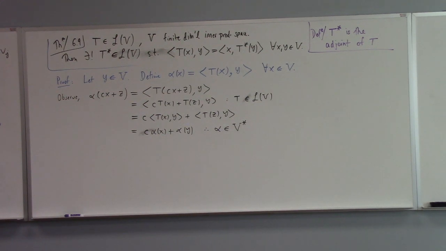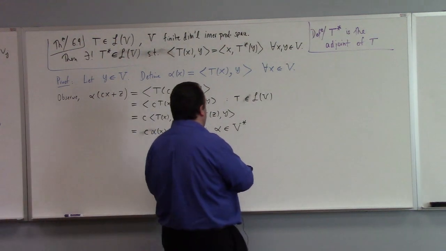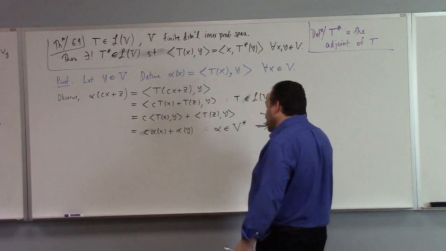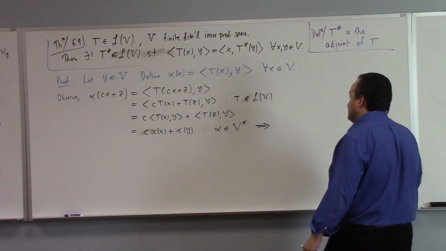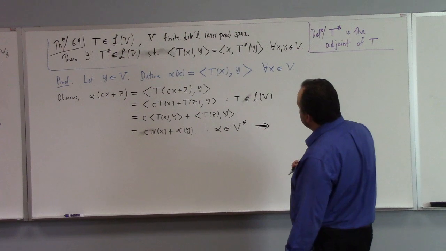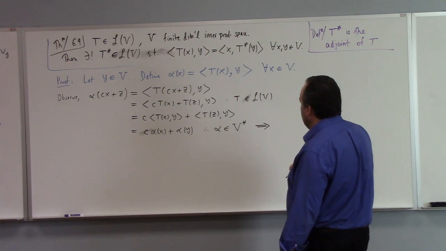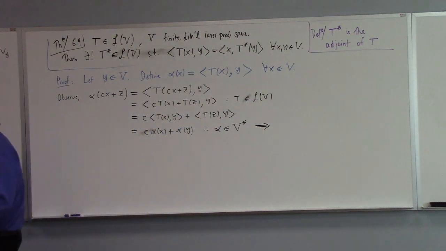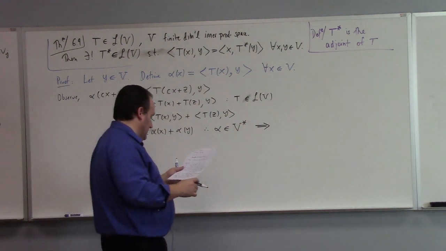So then what? Well, then we appeal to the previous theorem that I almost proved. What does that mean? What's the previous theorem give me? It gives me a formula. Let me follow my notes, otherwise I'll get in trouble.